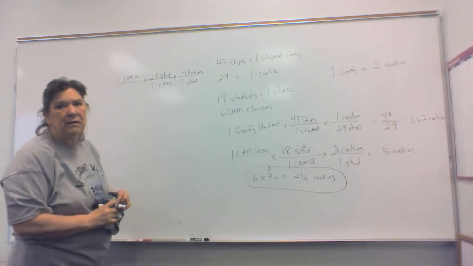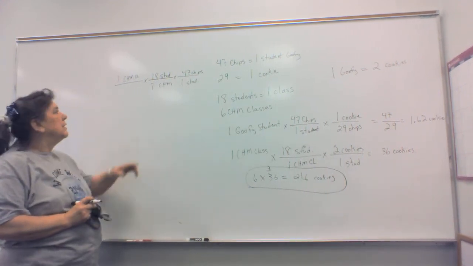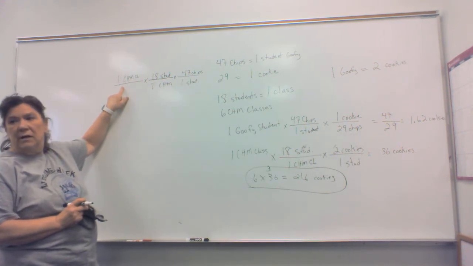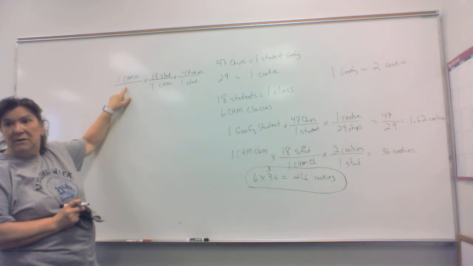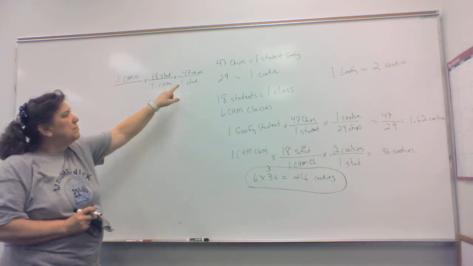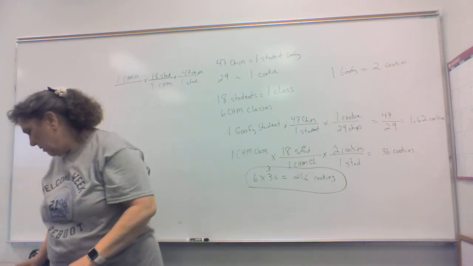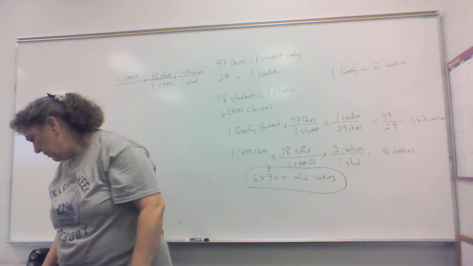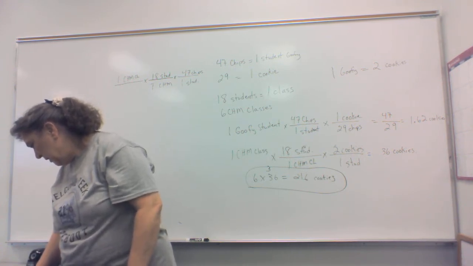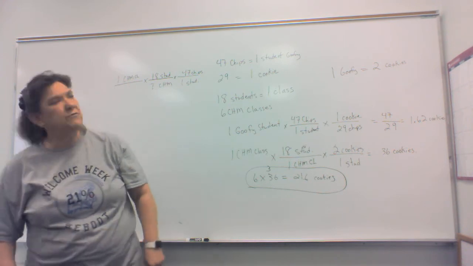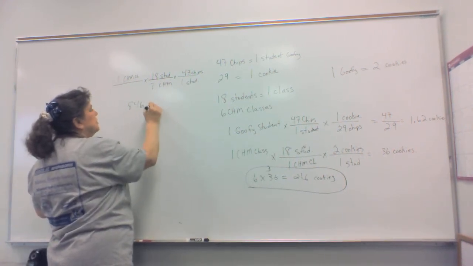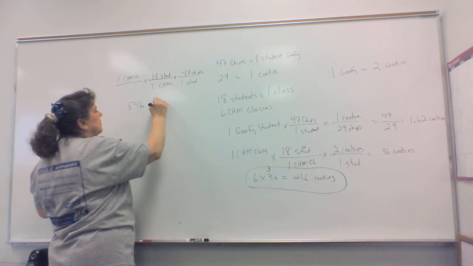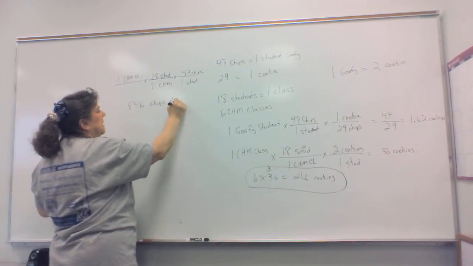So to get a class goofy without the cookies, but just the chips, we'd multiply straight across, and we would have 846 chips per class.